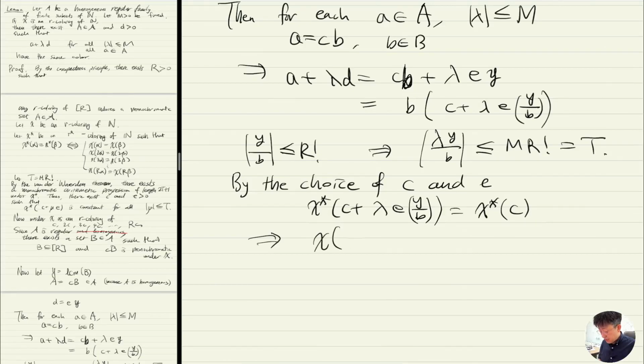So chi of a plus lambda d is equal to chi of bc, which is a.